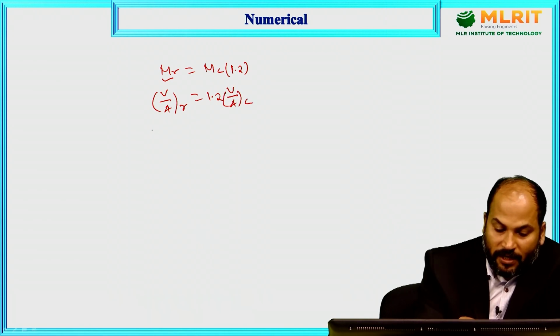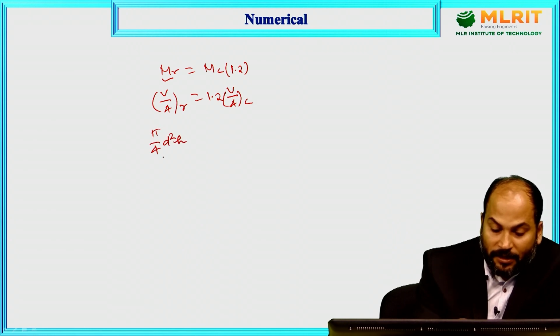We know the cylinder volume is pi by 4 d square into h.